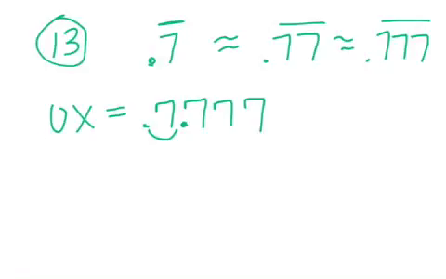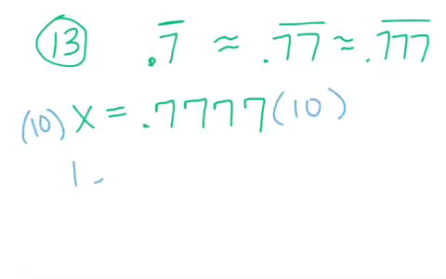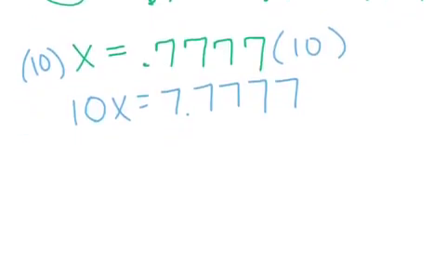So we know x equals 0.777, but if I multiply this side by 10 and this side by 10, I get 10x equals 7.777. And we can keep going one more space because we've got to do some subtracting, and we want to make sure that we carry it out to the same place value. So now our next step is to subtract.